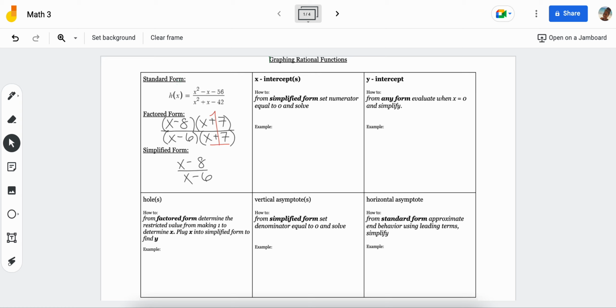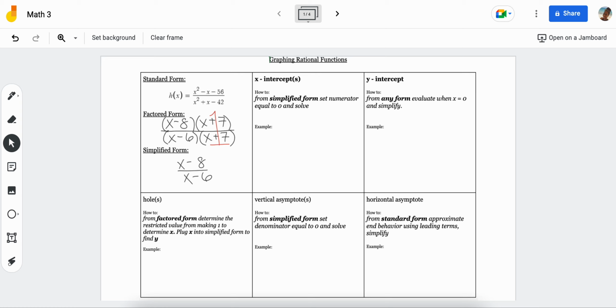Because rational functions are ratios, which means fractions, and fractions can only be equal to 0 when the numerator is 0, to find our x-intercept we just have to set the numerator of our ratio equal to 0.